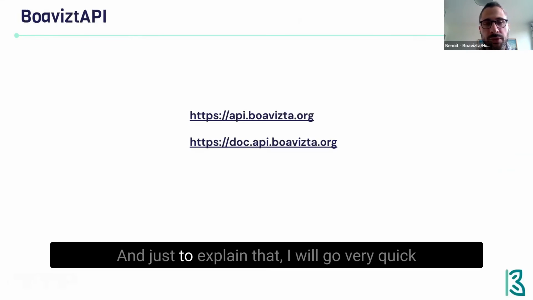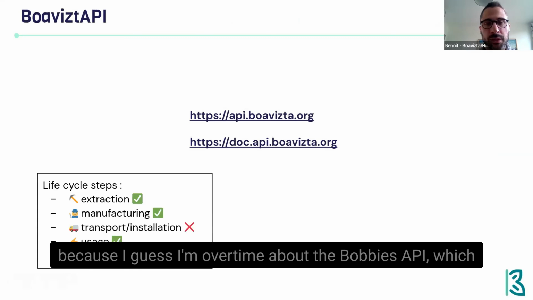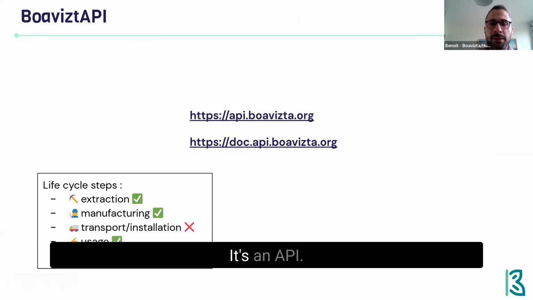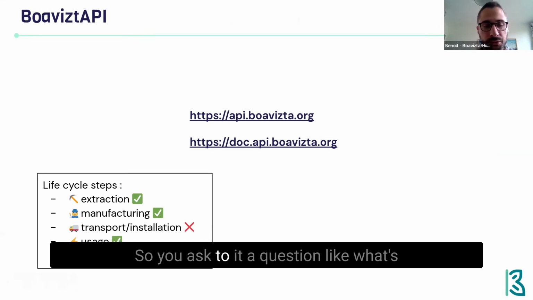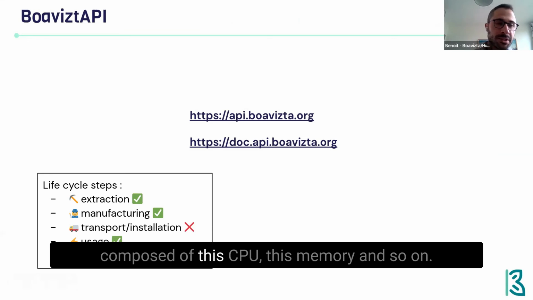And just to explain, but I will go very quickly because I guess I'm over time, about the Boavizta API, which is maybe one of the most important components. It's an API, so you ask it a question like, what's the impact of my machine when my machine is composed of this CPU, this memory, and so on.